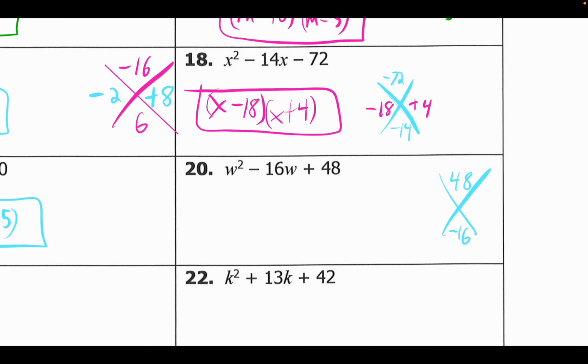So we're going to have two negatives that do the trick because it multiplies to a positive, so they have to be the same sign, and add to a negative, so it has to be two negatives that do the trick. And this would be 12 and 4. So w minus 12 and w minus 4.